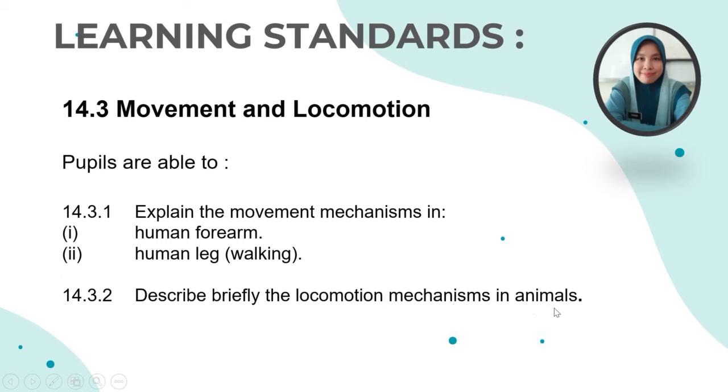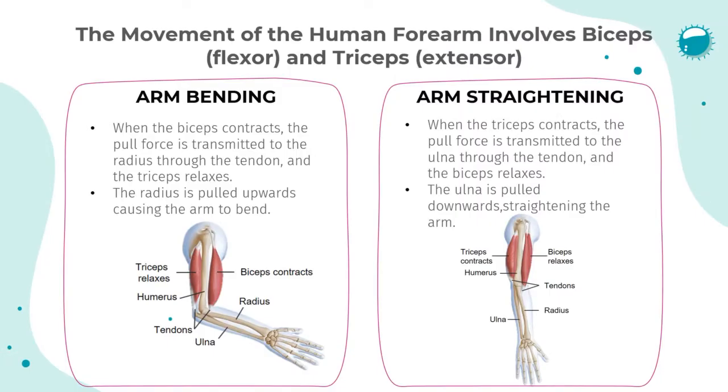Let's go to the first learning standard. We have to explain the mechanism of movement in the forearm and also in the leg. We go first to the movement of the human forearm. So this is our forearm.